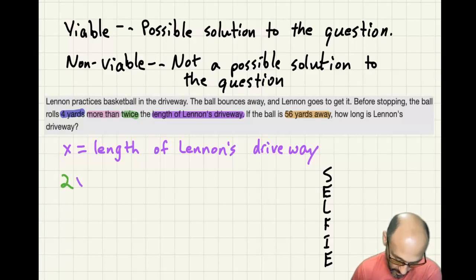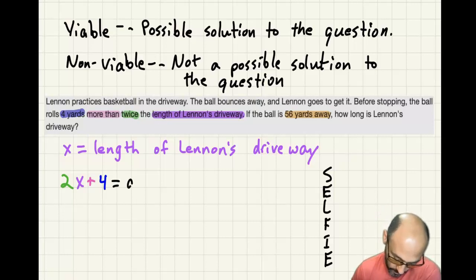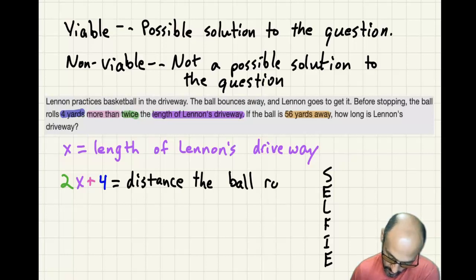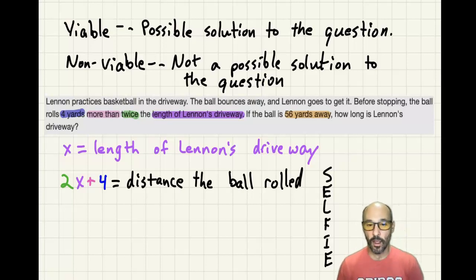Twice the length of Lennon's driveway plus 4 is going to be how we can represent the 56 yards, because we know that's the distance that the ball rolled. So that's what we know. It rolled 4 more than twice the length of Lennon's driveway.